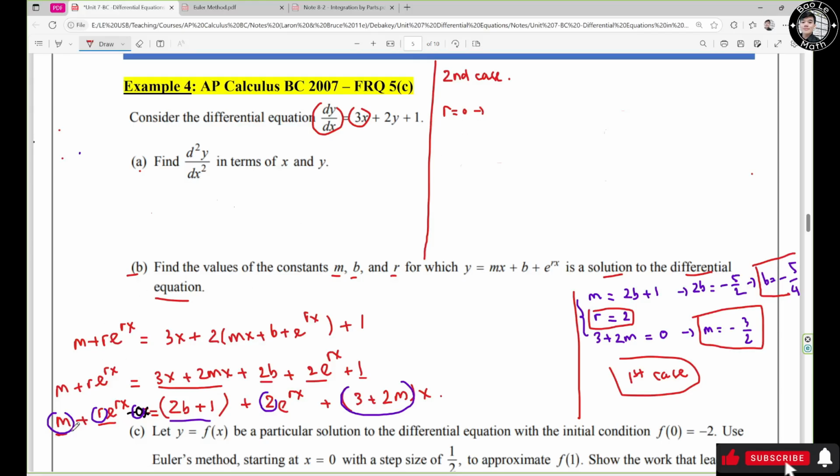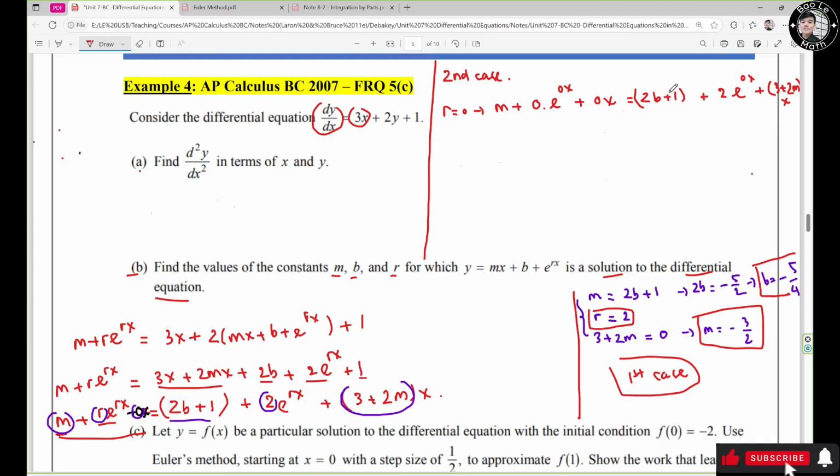Then the left hand side becomes m plus 0 times e raised to the 0s plus 0s, and the right hand side is going to be 2b plus 1 plus 2 times e raised to the 0s, plus 3 plus 2m times s.